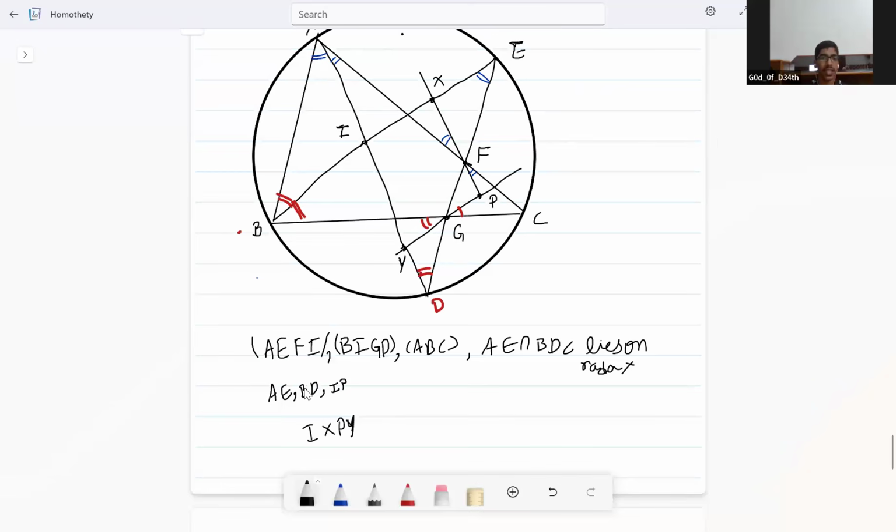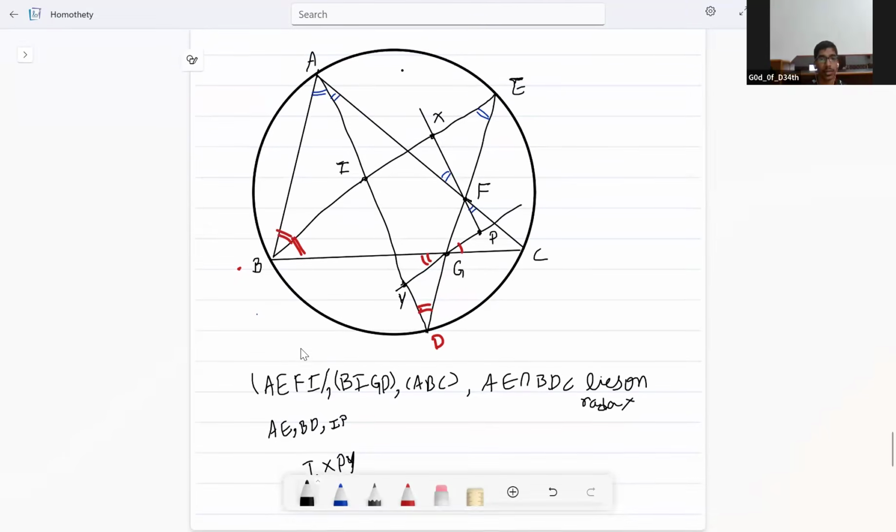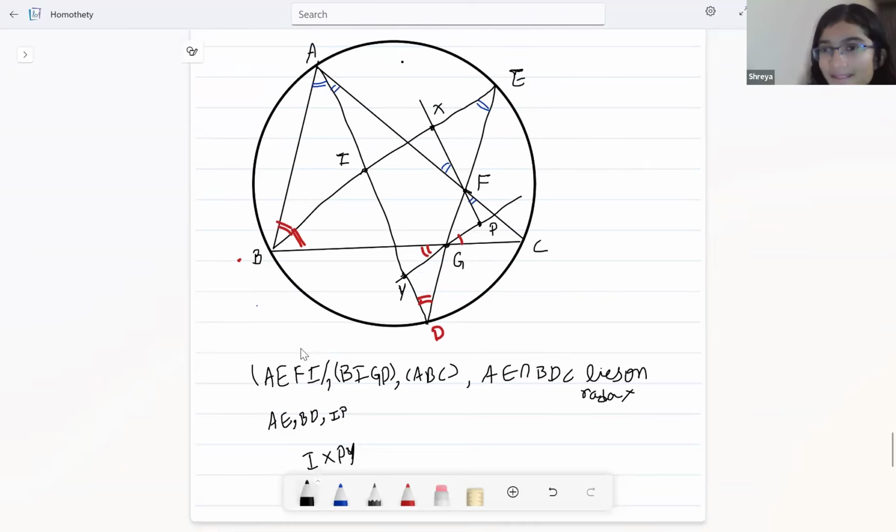Oh, we have C, right? What do you mean? We have C lying on IP. But C would not lie on AEFI. Why does C lie on IP? Wait, AIB is 90 plus C. Similarly, FPG is 90 plus C by 2.